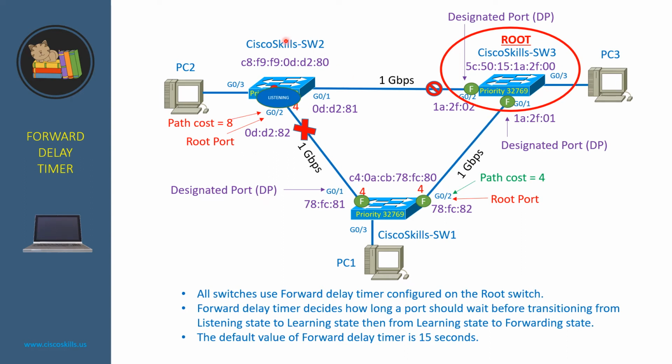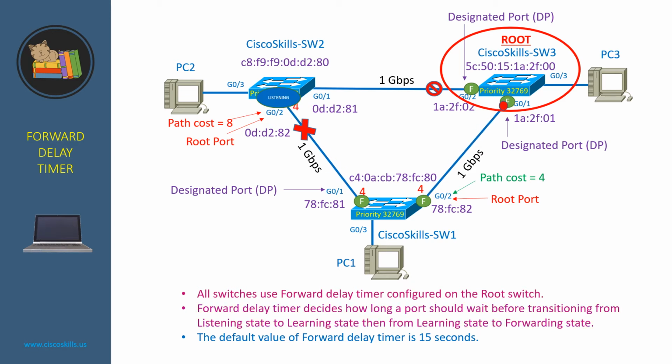As you know, Cisco Switch 2 designated the port G0/2 as its new root port. However, in order to transition the port G0/2 to forwarding state, Cisco Switch 2 has to rely on the forward delay timer. The forward delay timer is sent by the root switch via the Hello message. Therefore, all switches use the forward delay timer configured on the root switch.